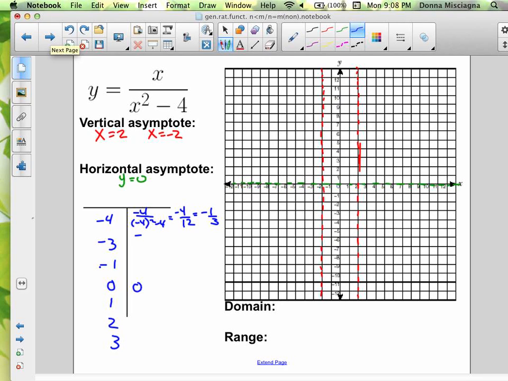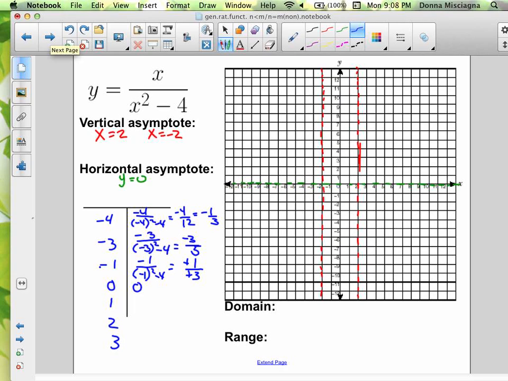All right. So now we have -3. We're plugging -3 everywhere we see an x. -3 divided by -3 squared minus 4. So that's going to be -3 over 9 minus 4, which is 5. If we plug in -1, we've got -1 divided by -1 squared minus 4. That's going to be -1 over 1 minus 4, so that's going to be -3, and that's just a +1/3.